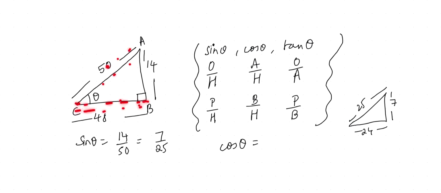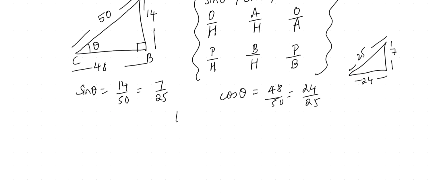So it's going to be 48 upon 50, or to simplify it, 24 upon 25. And tan, of course, it's straightforward, opposite over adjacent or perpendicular upon base, which happens to be 14 upon 48, which will be 7 upon 24.